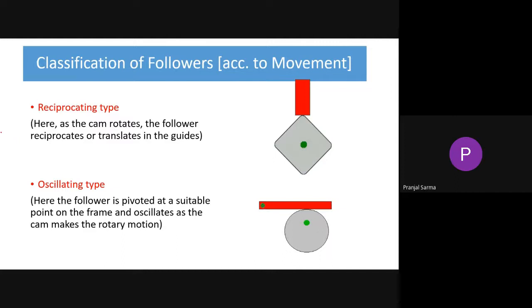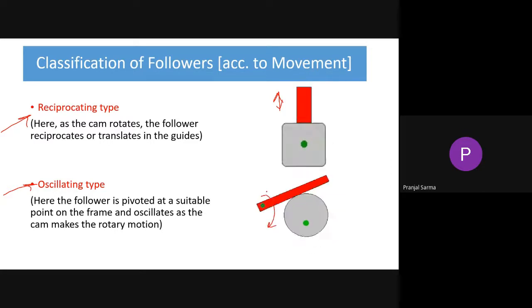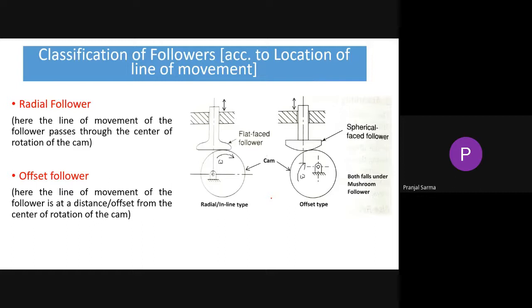Similarly, according to movement, we have already discussed this somewhere. We can call it reciprocating type or oscillating type. As you can see here, the follower is getting reciprocating motion. Here it is pivoted about this particular pin, so it gets oscillating motion. Similarly, depending on the location of the line of movement, as we have already discussed, there is radial or inline type, where the line of movement or axis of the follower passes through the center of rotation of the cam.